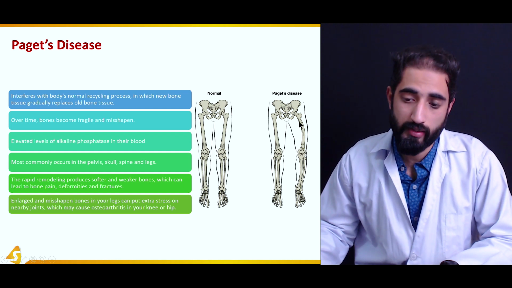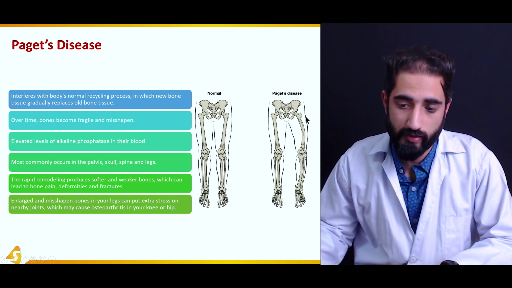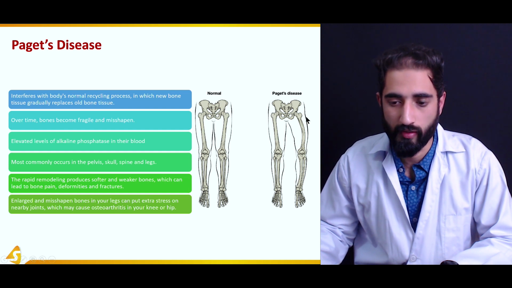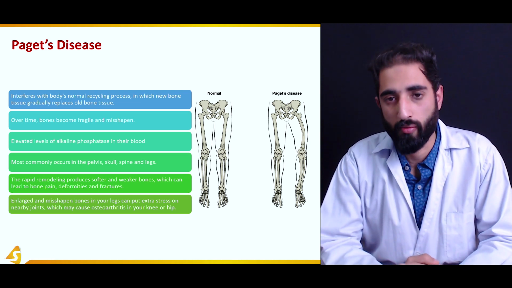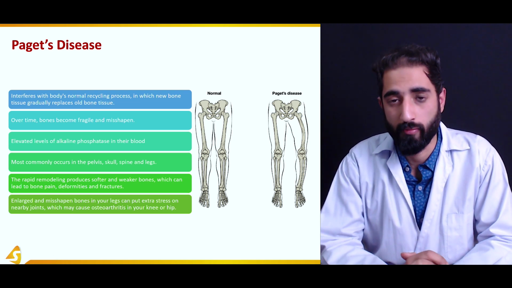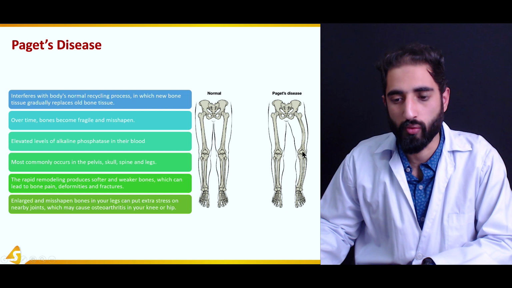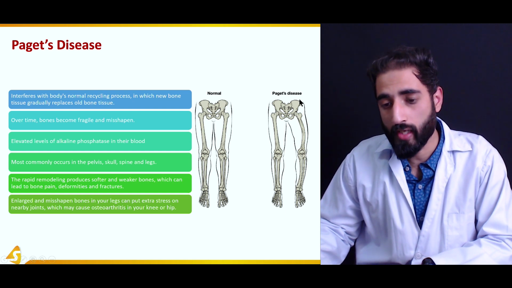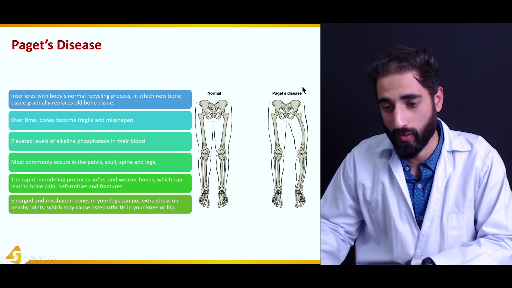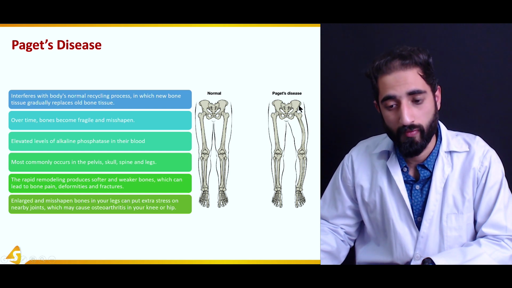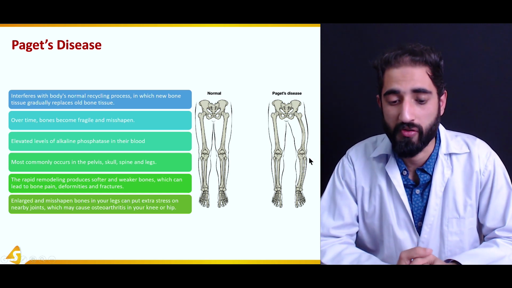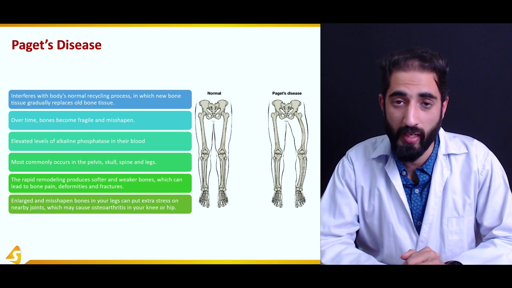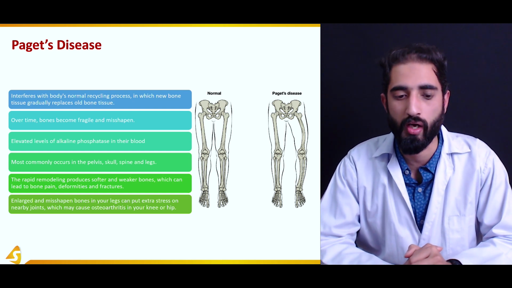You can see this leg is not straight as compared to this one. Here the femur has bent because of being fragile or weak, and it cannot properly bear weight, which also involves the knee joint and hip joint, because the stress or the weight is not normally transmitted from the hip to the knee, which predisposes it to greater levels of stress, and a person can develop knee pain and even osteoarthritis in the longer run.